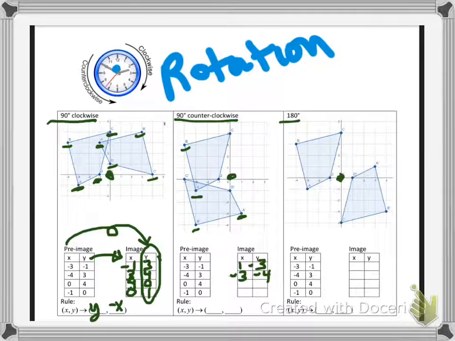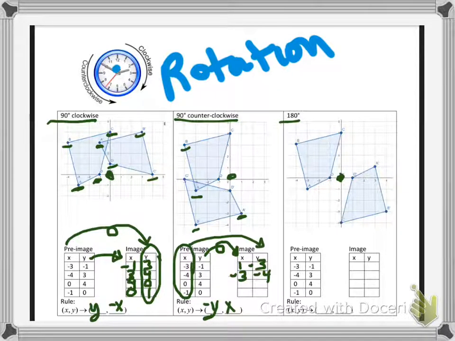Okay, so let's look at what's happening here. The X values are going completely unchanged into the Y values. So my new Y values are equal to my old X values. The old Y values are changing sign and going into the X values. So here I have my general rule for rotating counterclockwise by 90 degrees around the origin.